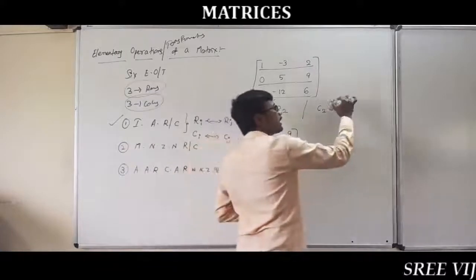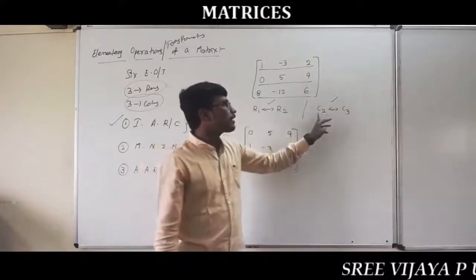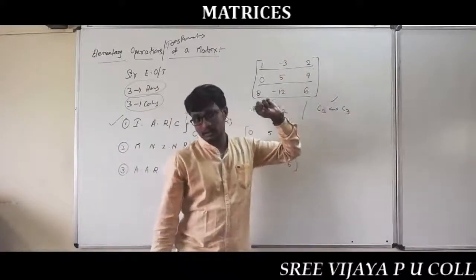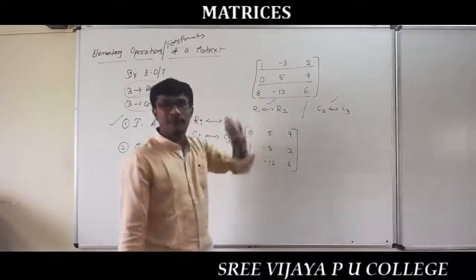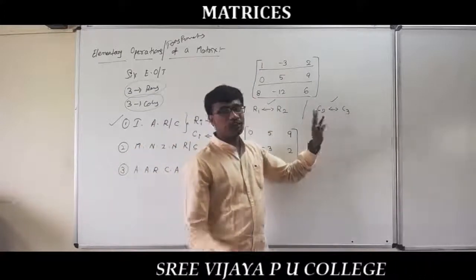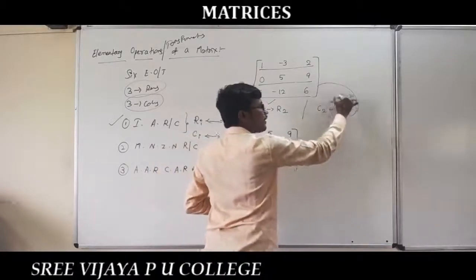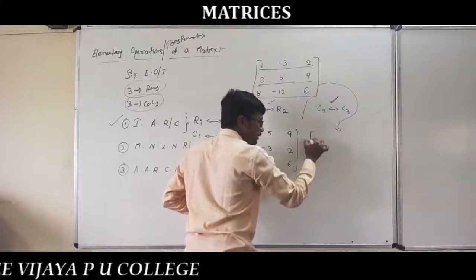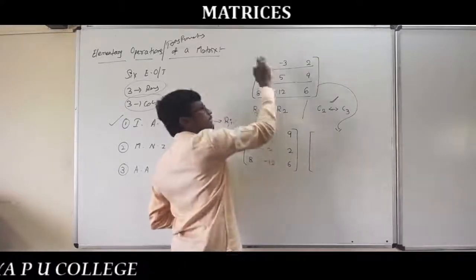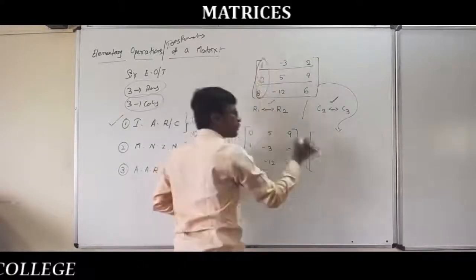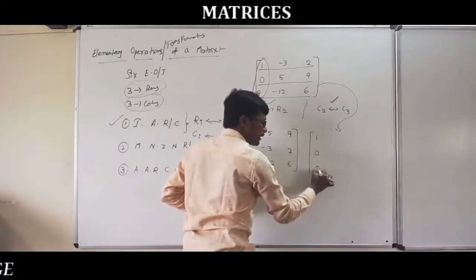Suppose you apply the column operation: column 2 and column 3 will interchange, and column 1 stays as it is, that is 1 0 8.